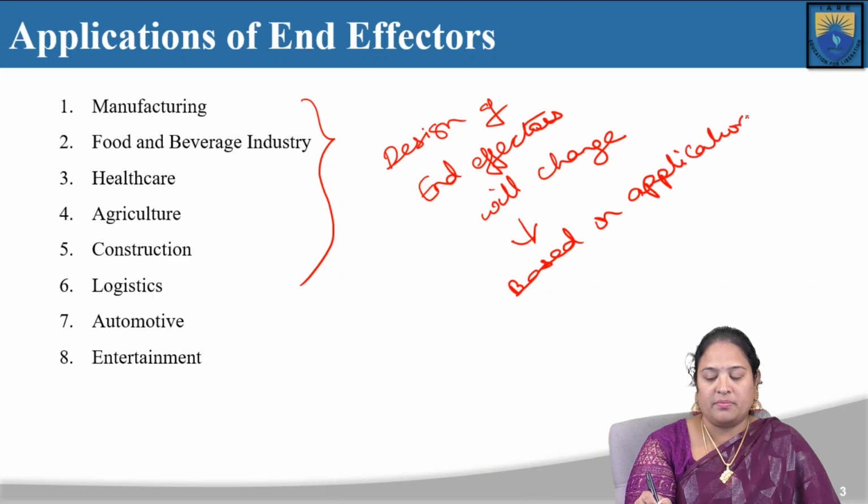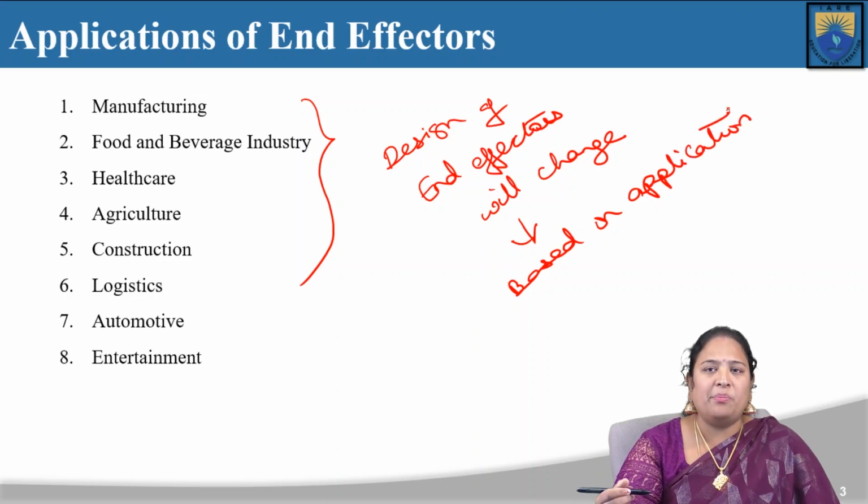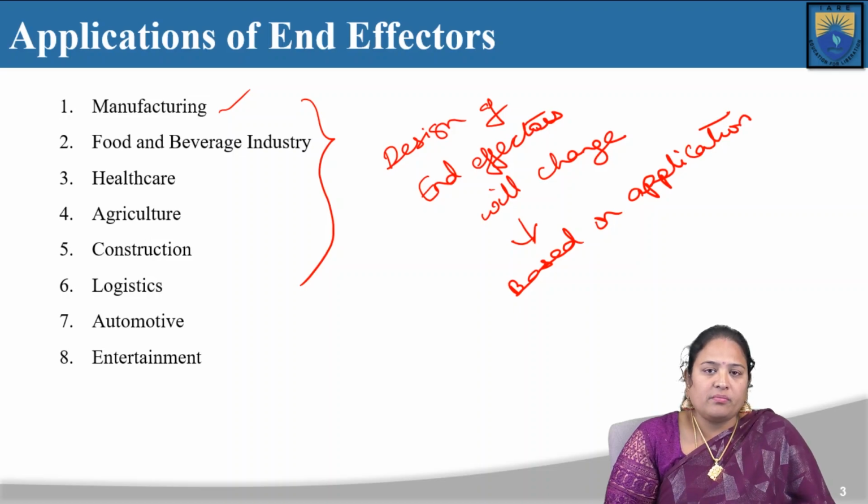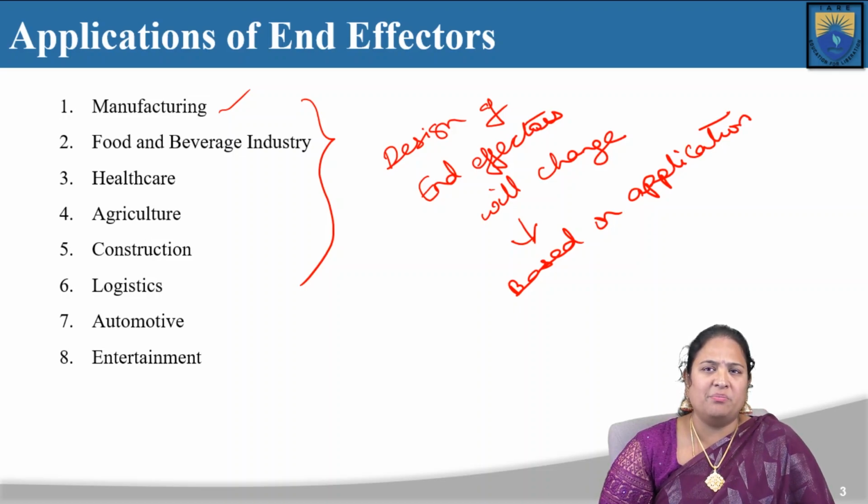Based on the application, the design of the end effectors will be changing. For example, let us take the manufacturing industry. In the manufacturing industry, let us take some machine that has been manufactured.